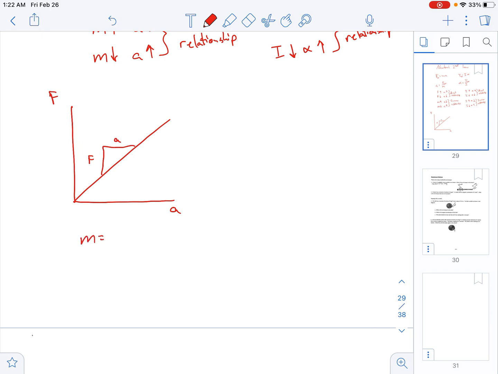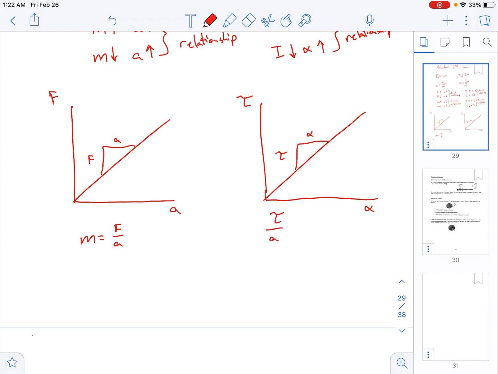Rearranging our equation, mass would be equal to force over acceleration. When we look at a torque versus alpha graph, if we were to calculate the slope of that, doing our rise over our run, we get torque over alpha, which is going to be equal to our rotational inertia.